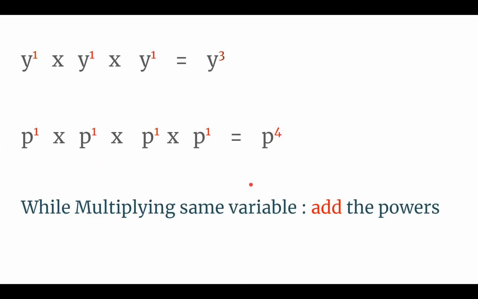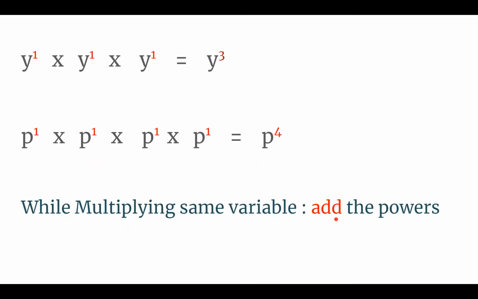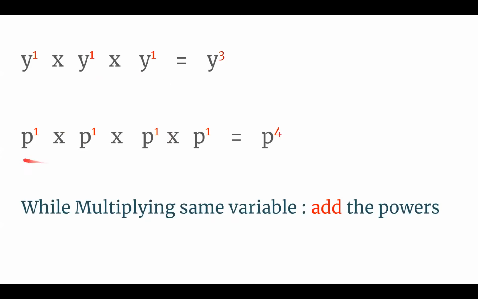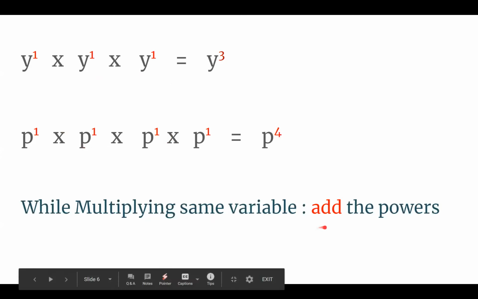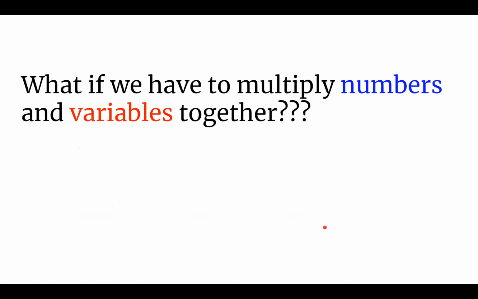On this note, for these two examples, my simple rule should be, while multiplying the same variable, I add the powers. So there are two things to be noticed: I'm multiplying the same variable. It was either a y each time or a p each time. And when I added the powers, it was only because the same variable was being multiplied.